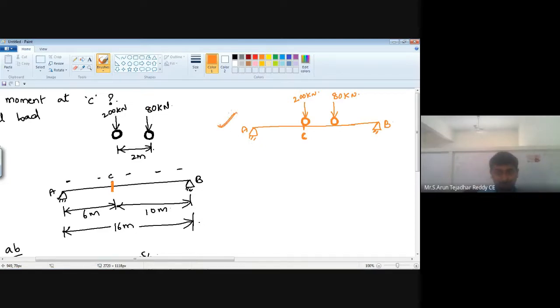Okay, suppose the same diagram I can change somewhat, because you should know what is the difference between them. Now it is 80 kilonewton, it is 200 kilonewton, same problem, just the loads are interchanged. Then what is the position of the given loads, that I will show you here.